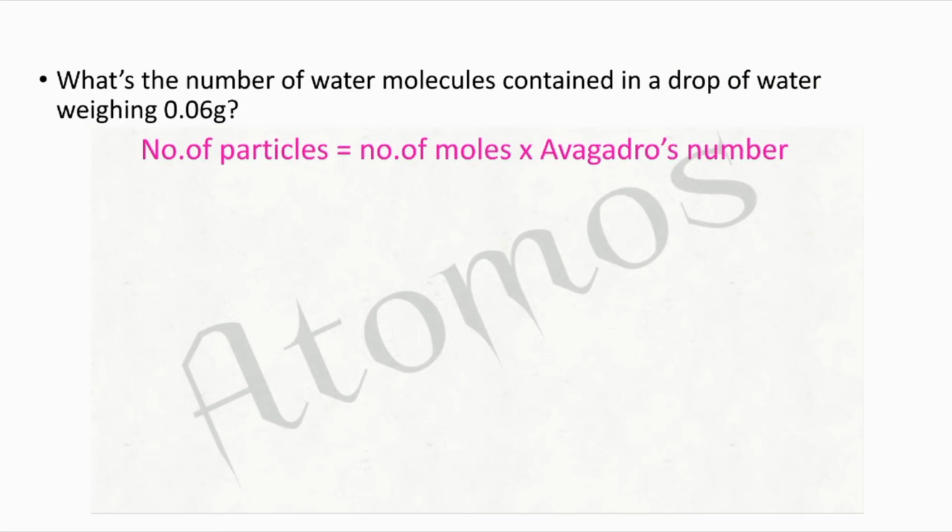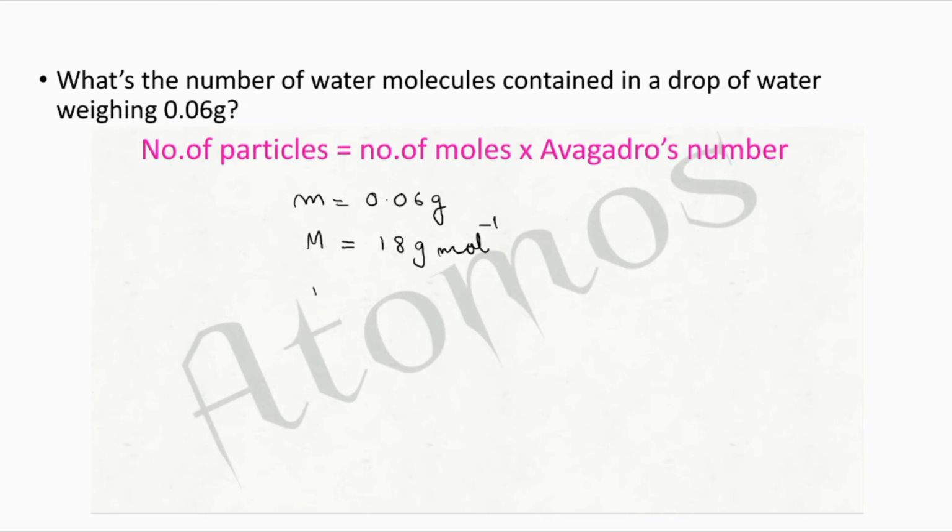So how to do the problem? The drop of water will be weighing 0.06 gram. M is equal to 0.06 gram. This is the given mass. We know the molar mass of water. We have calculated it now. Molar mass of water will be equal to 18 gram per mole. From this, is it possible to find out the number of moles?